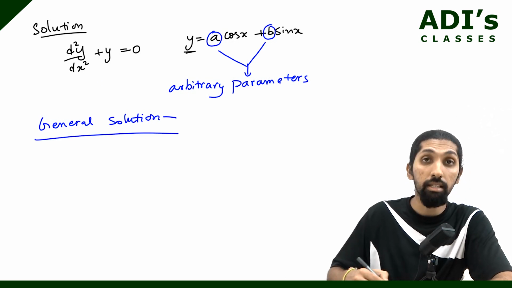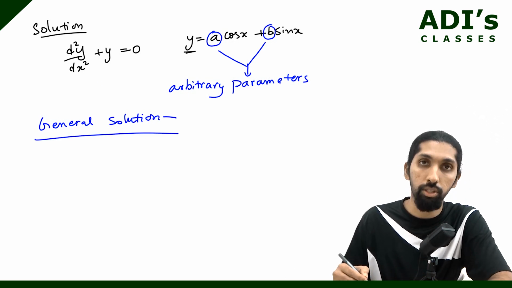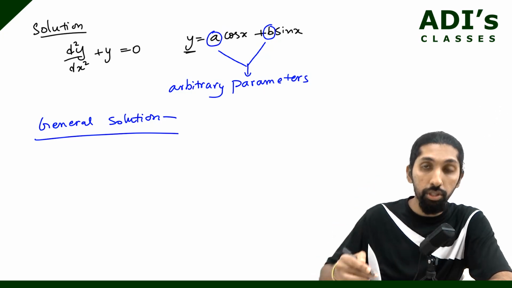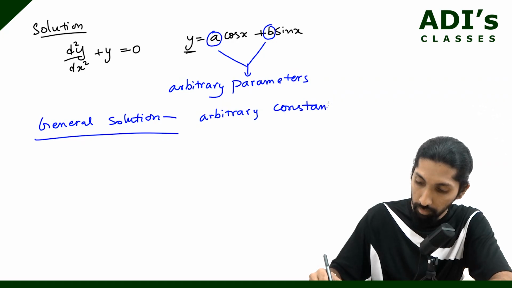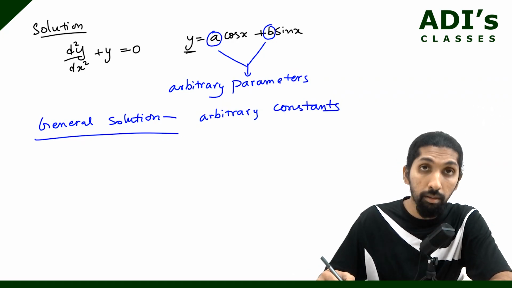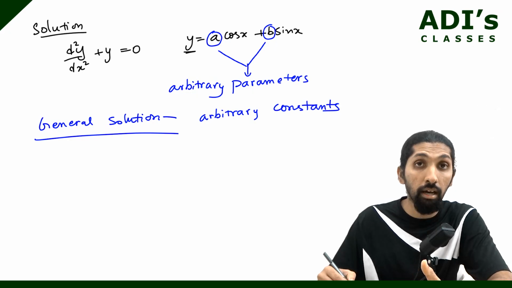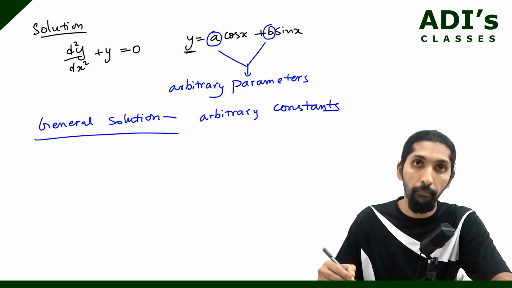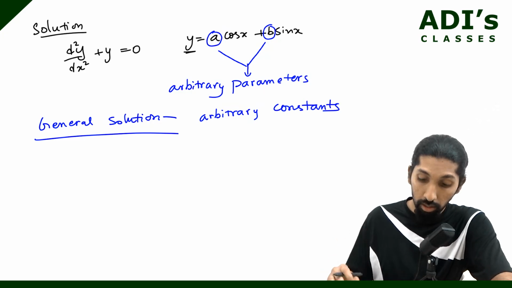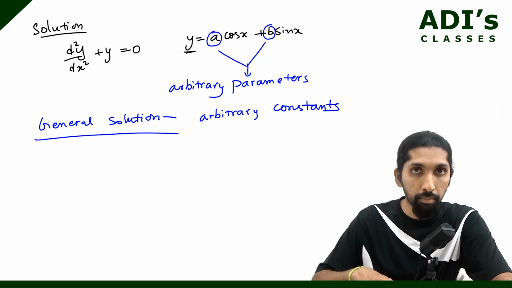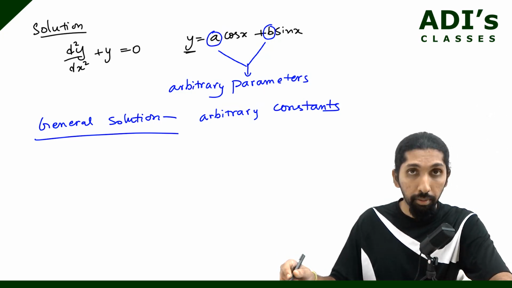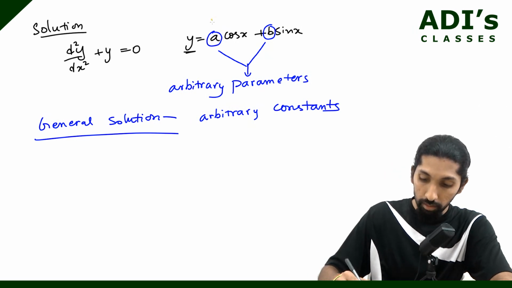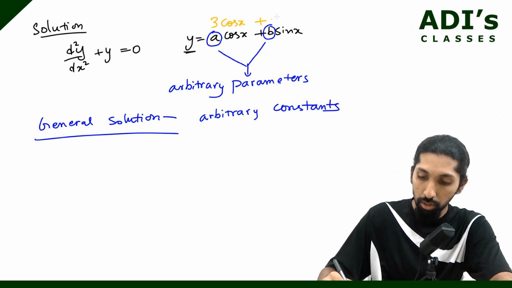General solution is that solution for a differential equation where the solution has arbitrary constants. It can have one or multiple arbitrary constants. Like in this case, a and b are arbitrary parameters. Suppose instead of a and b, I give you 3 cos x plus 2 sin x.